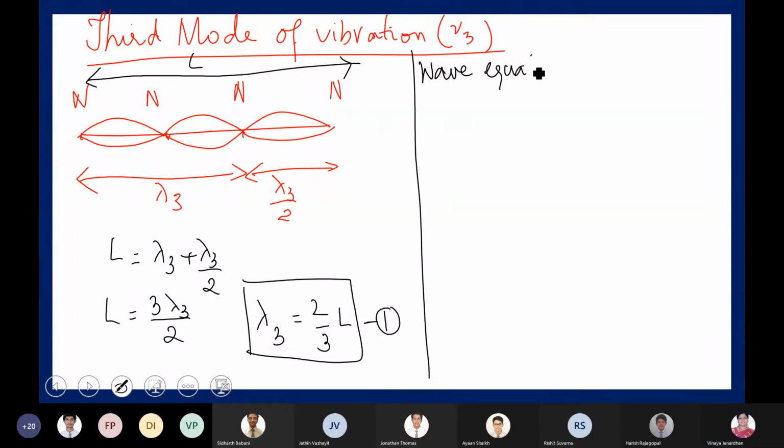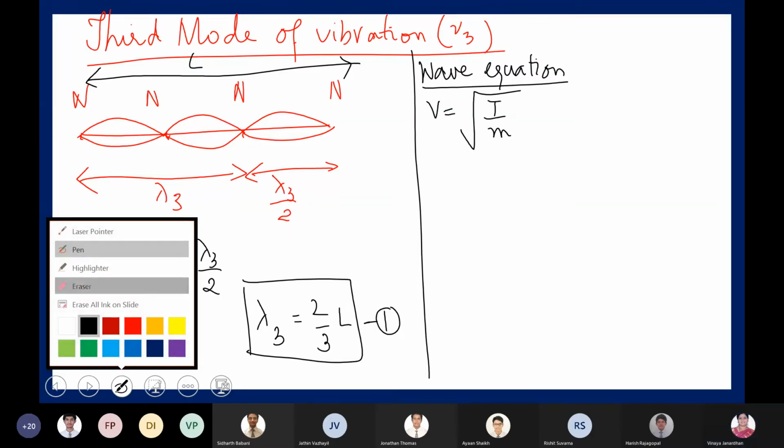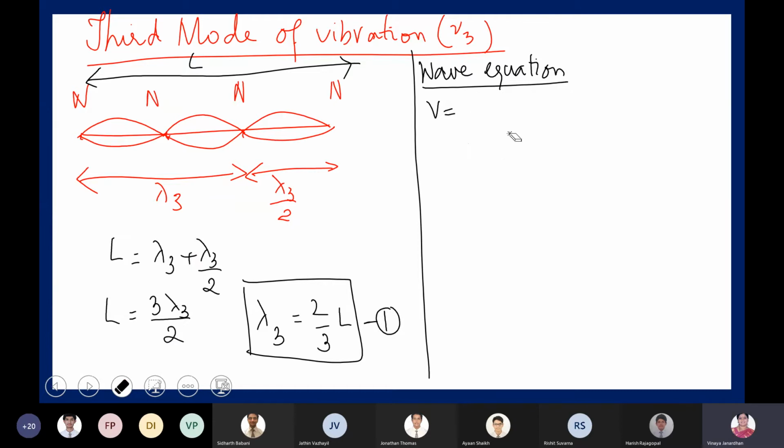Now, according to the wave equation, velocity V is equal to root of T by M, equation 1. V is equal to nu3 lambda 3, so nu3 is V by lambda 3, equation 2. But what is the velocity?